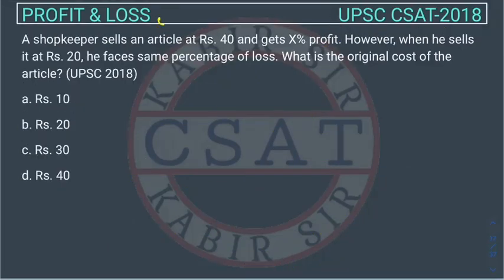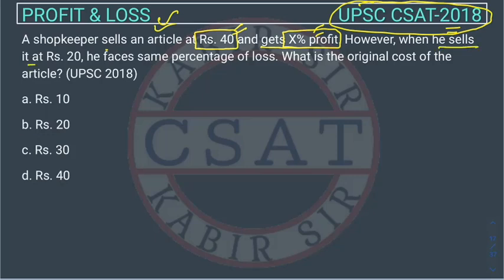This is a question of profit and loss asked in the UPSC Civil Services Exam CSAT paper 2018. A shopkeeper sells an article at rupees 40 and gets X% profit. However, when he sells it at rupees 20, he faces the same percentage of loss.